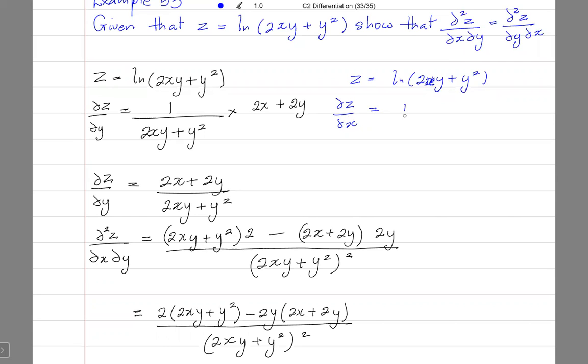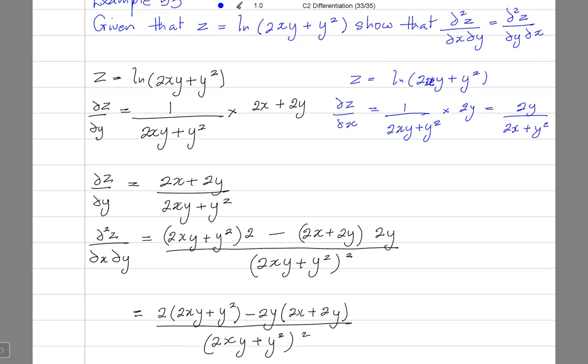So I'm going to have 1 over 2xy plus y squared, multiplied by the partial derivative of the inside function, which is 2x plus 2y. So this would be equal to 2x plus 2y over 2xy plus y squared.